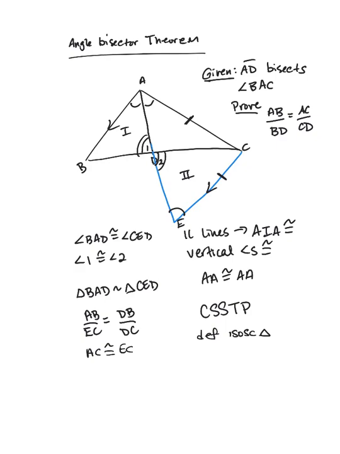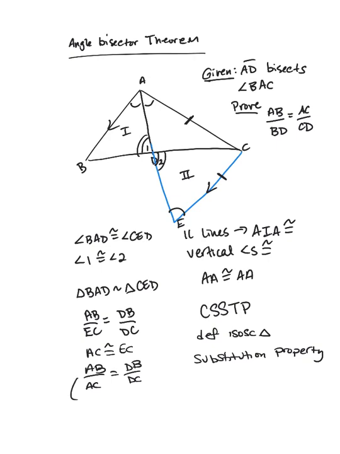So then I can replace EC, and AB over AC is DB over DC. That's the substitution property. Okay, and then I can rearrange this.